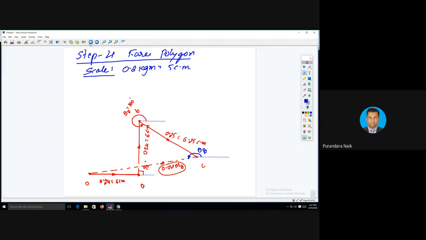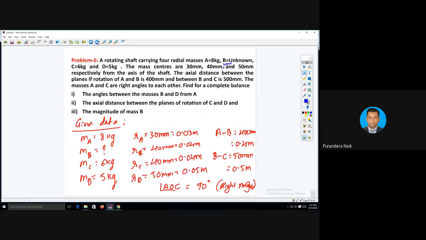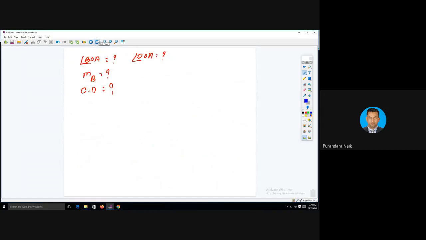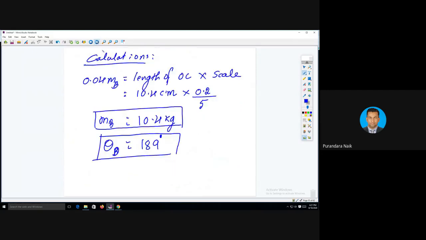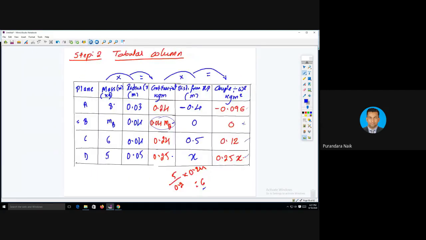See the question, what he asked in the problem. You need to find out the distance between C to D. You need to find out the value of MB. You need to find out the angle of B with respect to A. Angle of B with respect to A is 189. Mass of B is 10.4 kg.